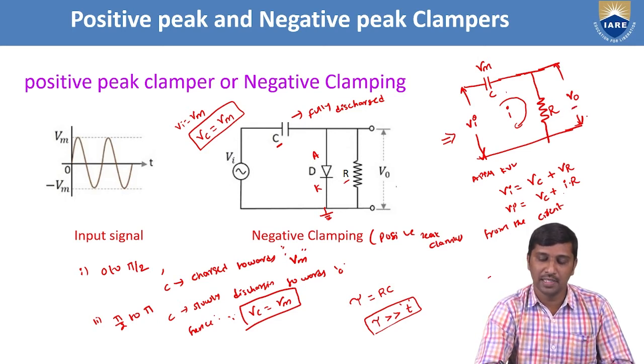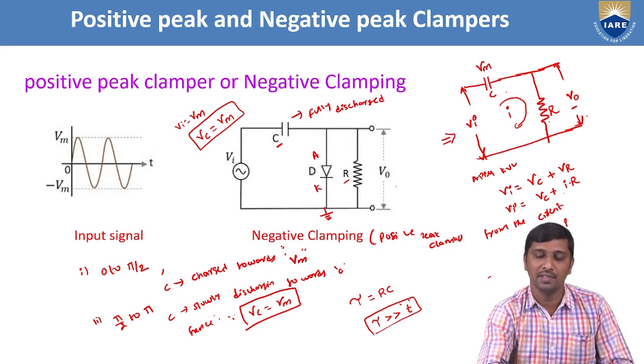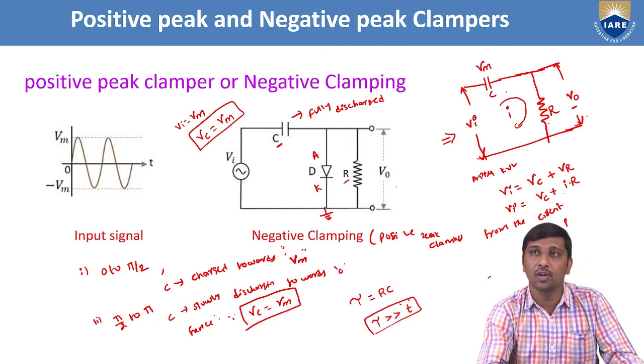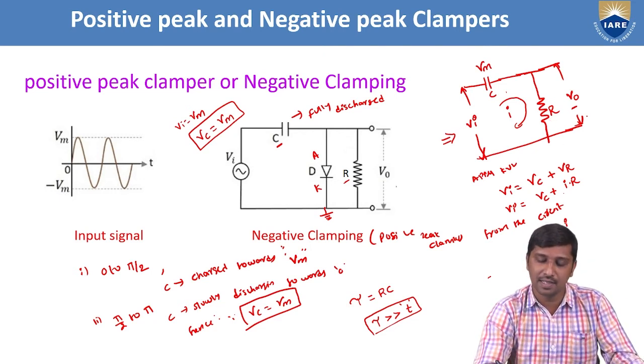What is the output voltage? V0 is in parallel with this resistance, so we need to find the voltage drop across this resistance, which is I into R.